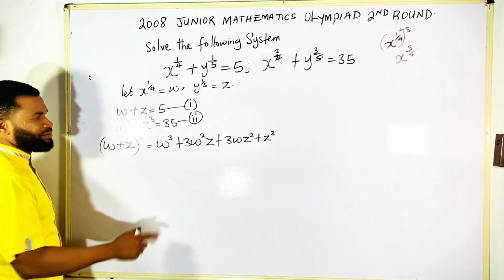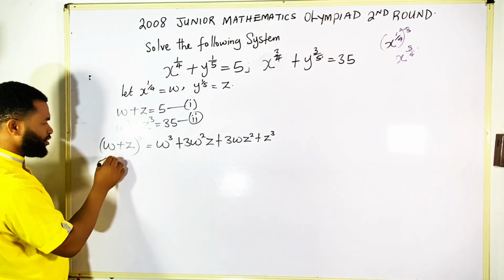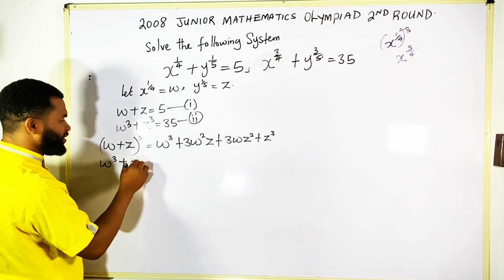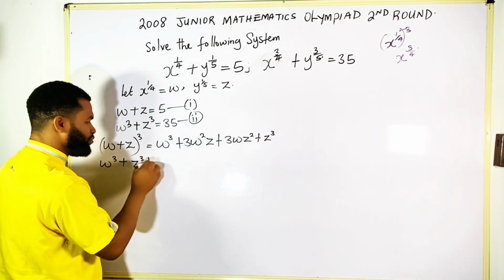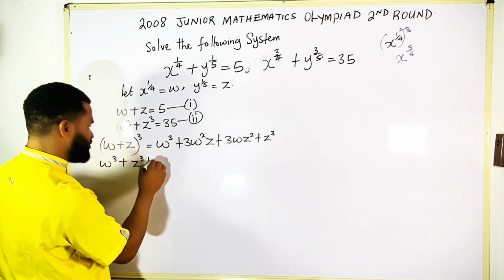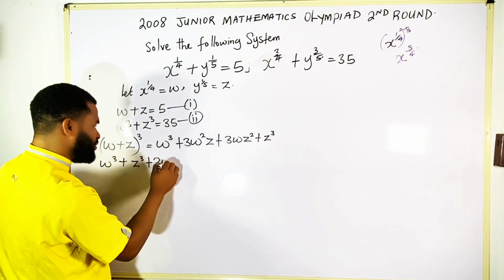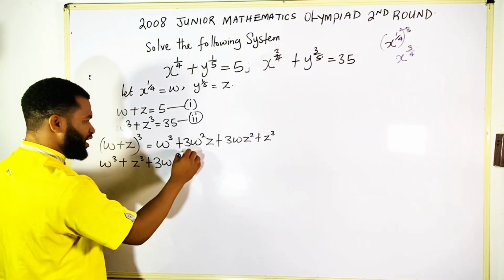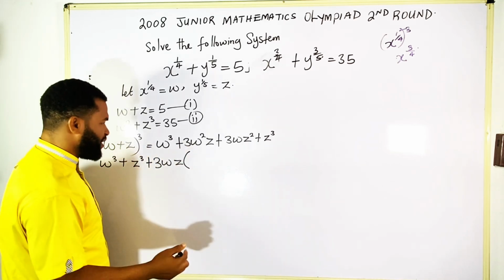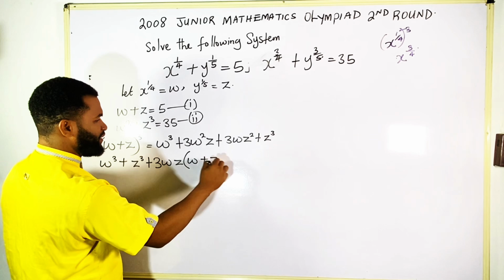Now for this reason, I'm going to find this plus this, so I'm going to say that w cubed plus z cubed, plus this and this can be factored. I said 3, w is here, z is here, I'm factoring these two, right? And this is all, open the bracket, this is going to be w plus z.